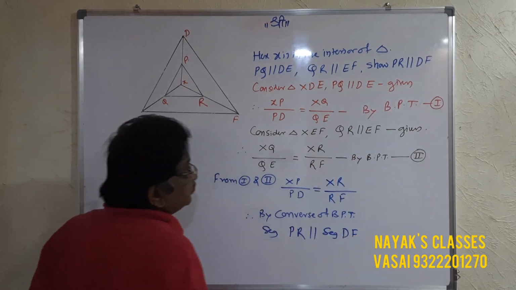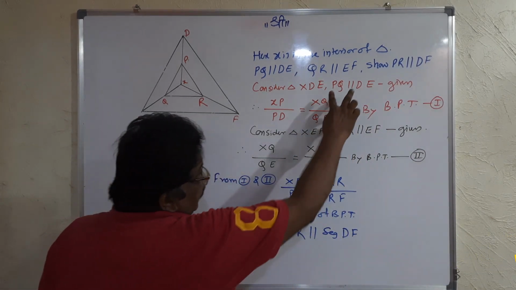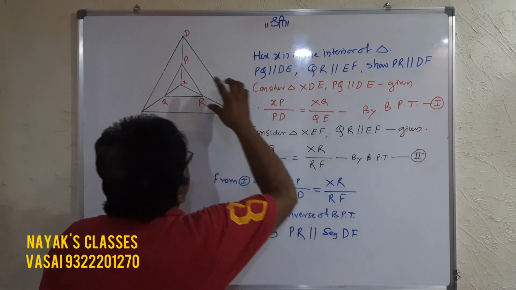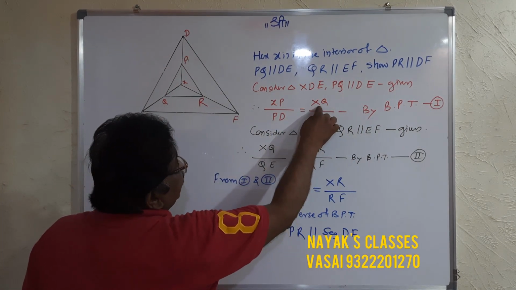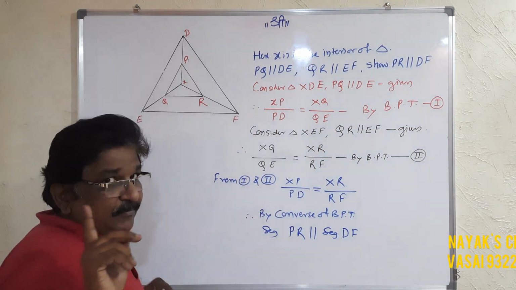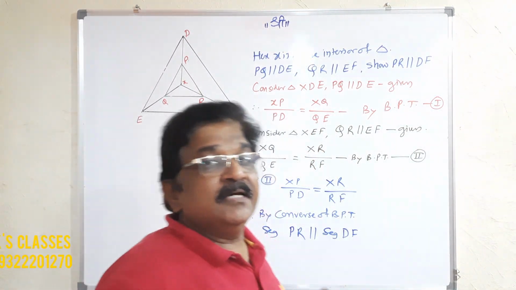First statement: since PQ is parallel to DE, XP upon PD is equal to XQ upon QE. Statement number 1 by BPT.